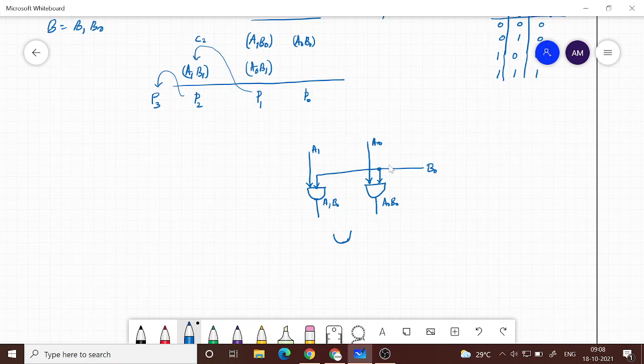Then I require another AND gate. This is B1, and I need A0 again, which is available here. So that is A0 B1.